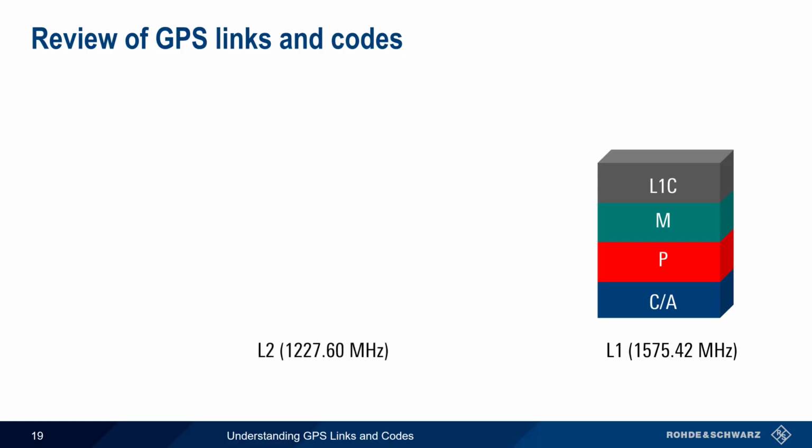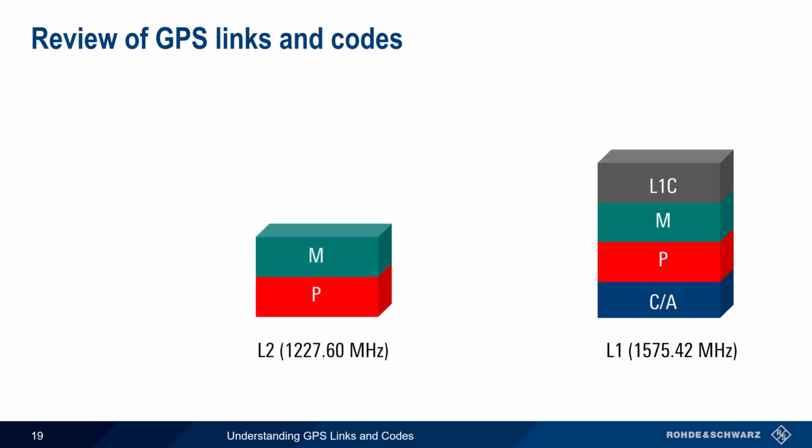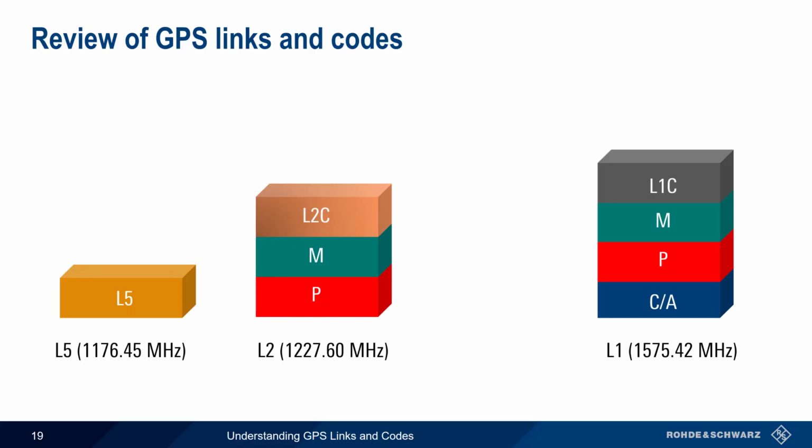On L2, we also have the P and M codes, as well as the newer L2C codes, which allow for civilian ionospheric correction, but are not suitable for aviation or safety of life applications. Finally, the new L5 link carries a single code, also called L5, which provides civilian ionospheric correction and which is in a protected band, and thus can be used for aviation or safety of life applications.